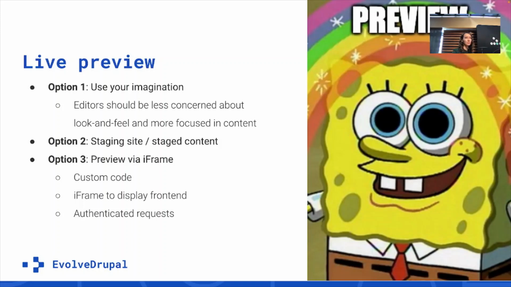You have created a role purely used for previewing unpublished content. You have to authorize your requests. Those are some of the things you have to consider, and it does require some custom code to implement. At that time, the custom code was mostly to get the necessary tokens so that you'd be able to preview the content.